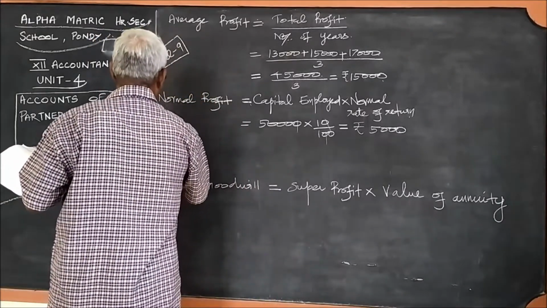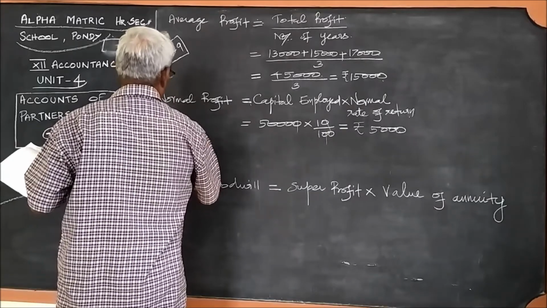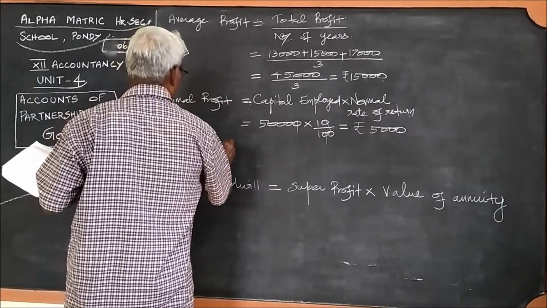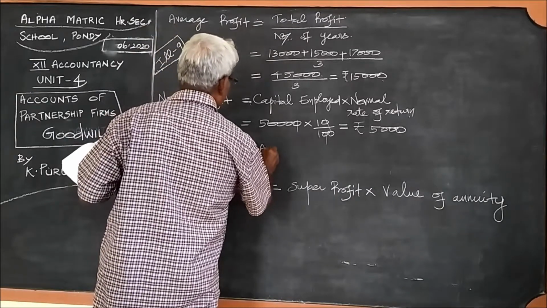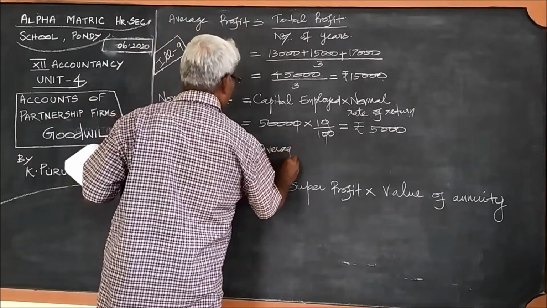Therefore, super profit is equal to average profit minus normal profit.